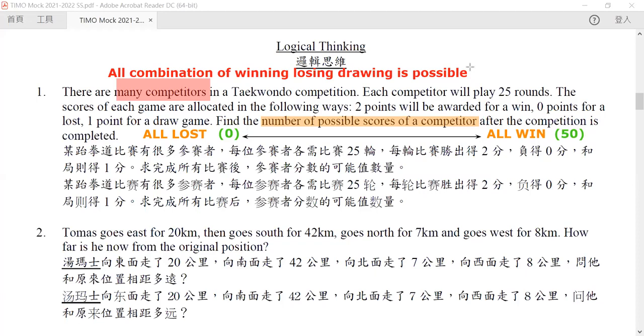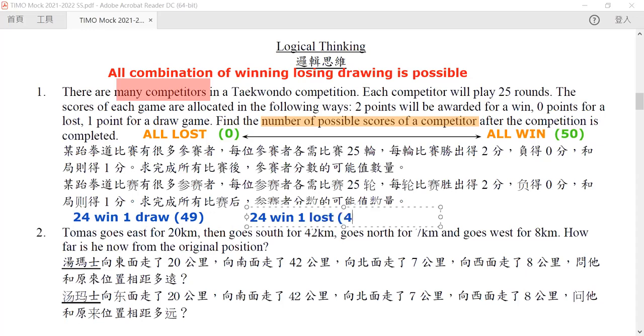Now, how about 49? Let me give you some examples. 49 is just the same as 24 wins and 1 draw. Then this will get you 49. How about 48? And 48 is just 24 wins and 1 loss.